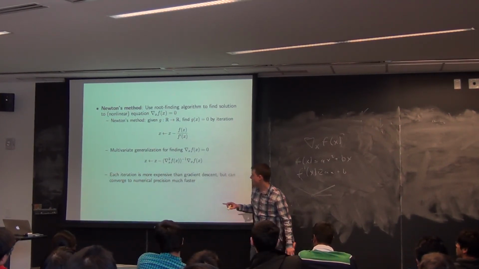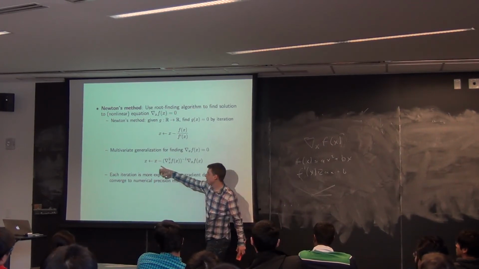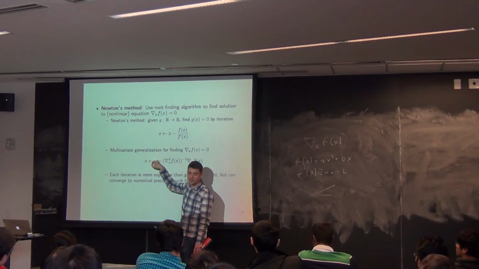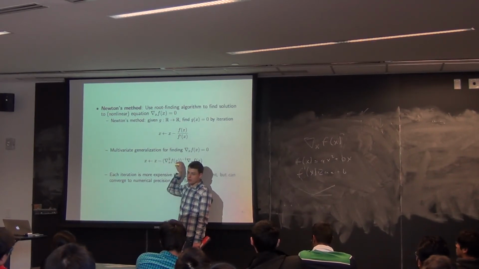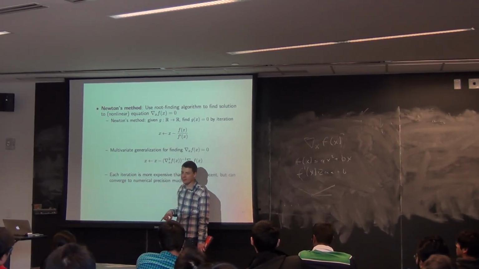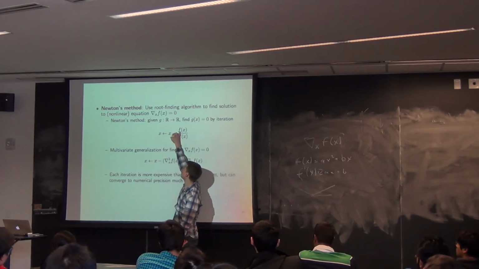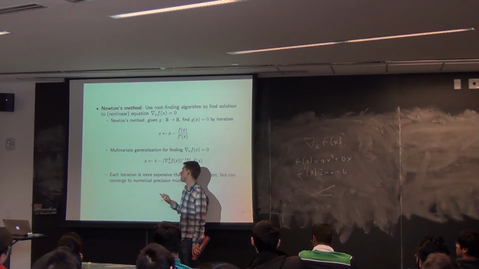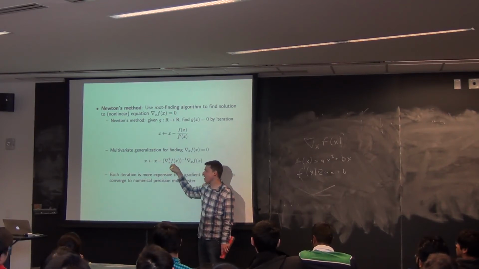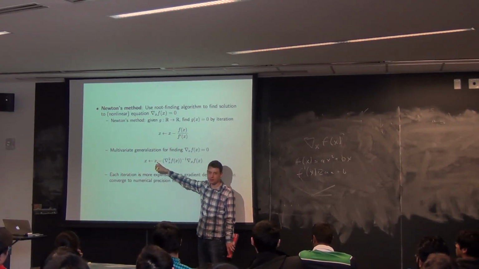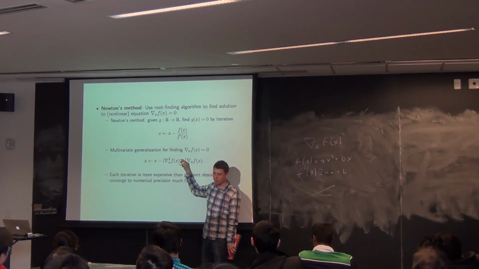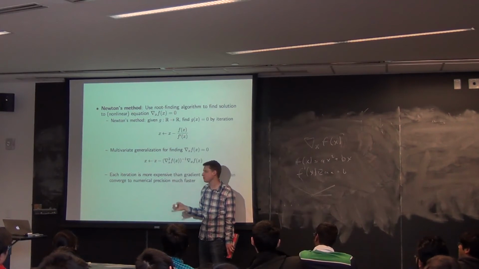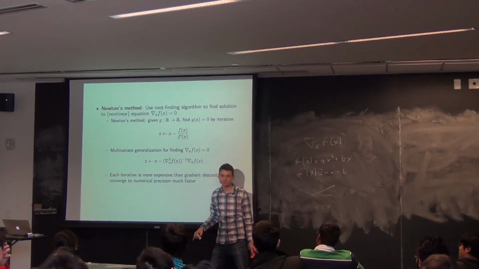But the final form of the algorithm just says, I'm going to take x, my current point, and subtract this term here, which is the analog of this guy for root finding, just for the finding a 0 case. You take the Hessian of this function at that point, invert it, multiply it by the gradient, subtract that from x, and repeat the process.